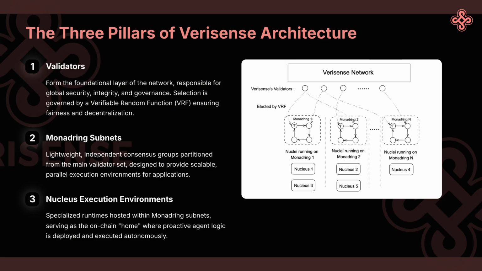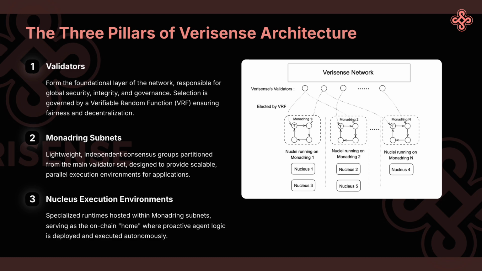This innovative design rests on three vital and interconnected components: validators, monitoring subnets, and Nucleus Execution Environments. Initially, we have the validators. They form the foundational layer of the network, ensuring global security, integrity, and governance. Next are the monitoring subnets, which are lightweight and independent consensus groups that are partitioned from the main validator set.